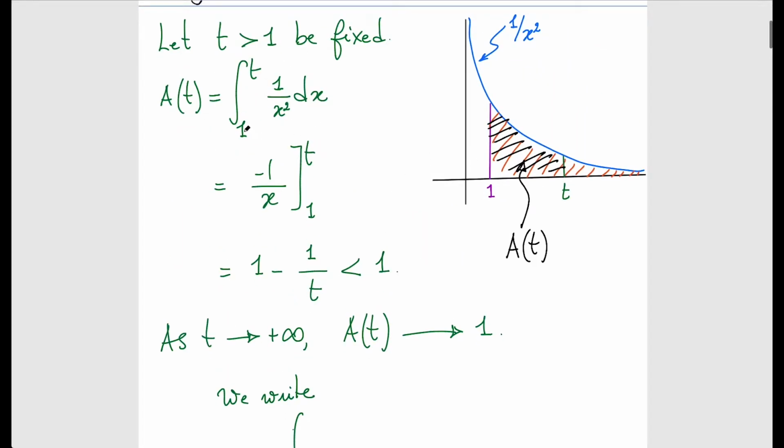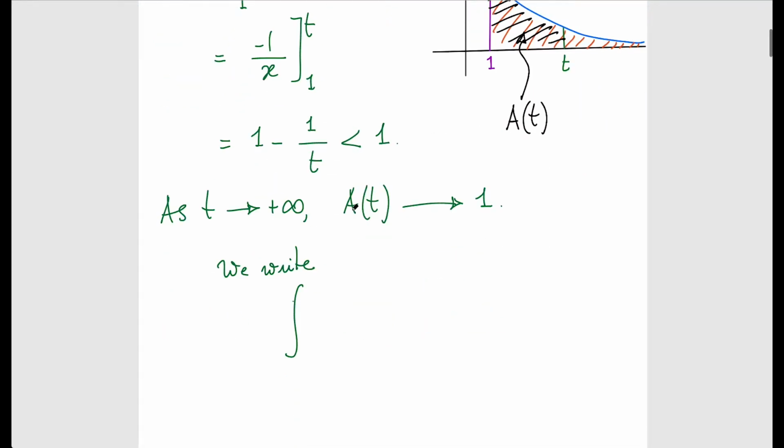We used to write the bounds of the area and the function here. So the bounds are now 1 infinity in some sense, right? Just to keep that notation the same, 1 over x squared dx.